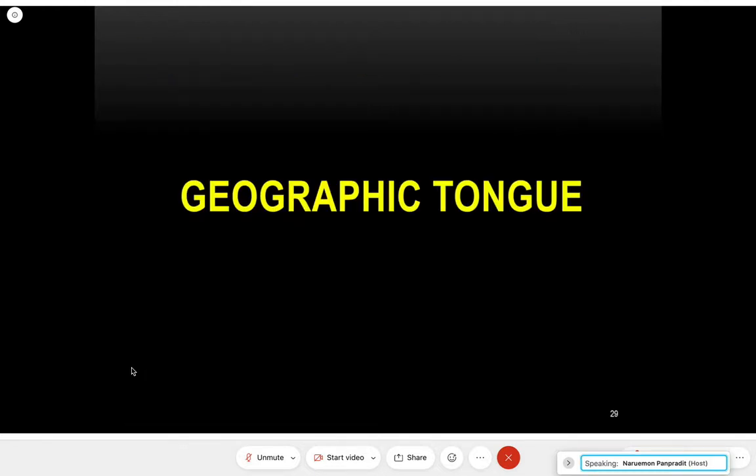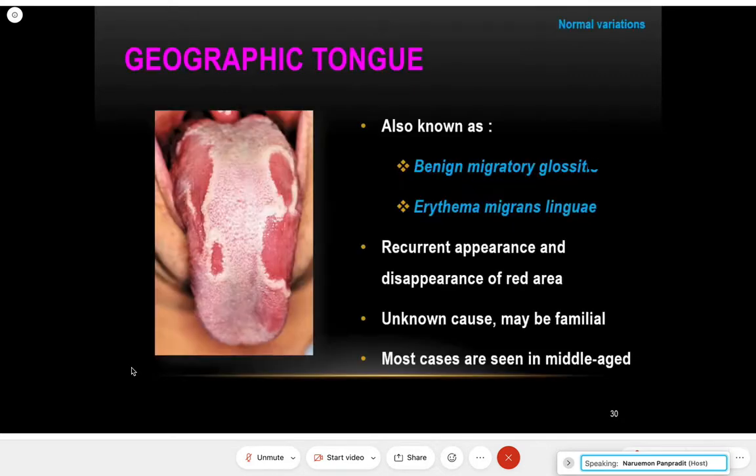Next one, I move to the geographic tongue. The geographic tongue, I will explain again, I think I already mentioned it a little in my previous lecture. Another name people call it is benign migratory glossitis or erythema migrans linguae.